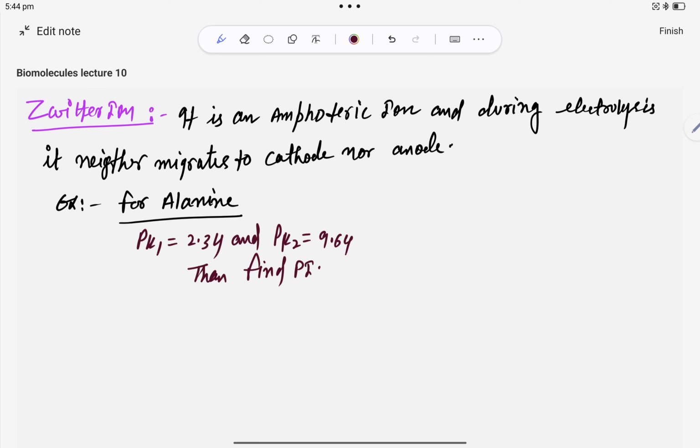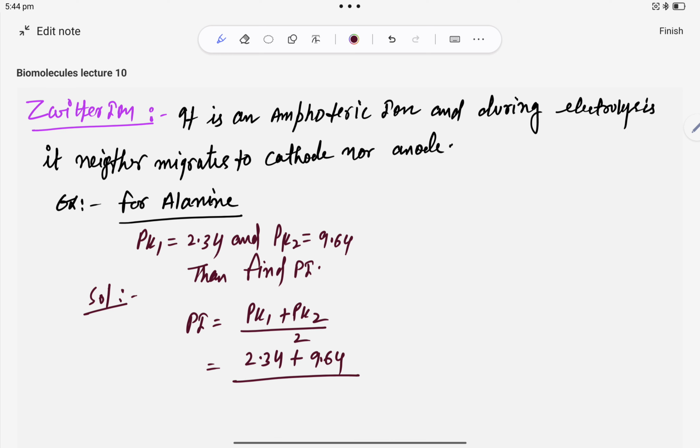It's very simple, children. So what is the solution? pI is equal to (pK1 + pK2) by 2. This question looks simple, but once it came in the JEE exam, this kind of question from isoelectric point, they will ask, 5.99 is the answer, pI.